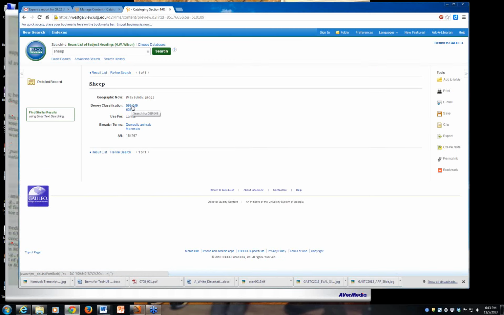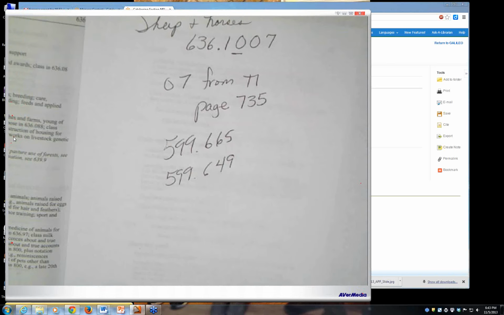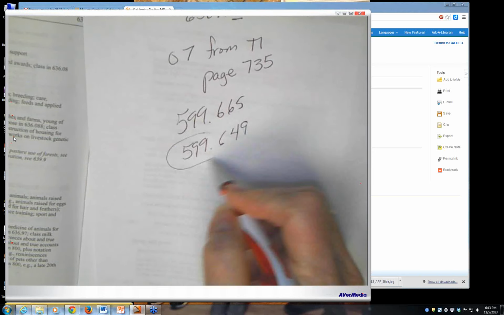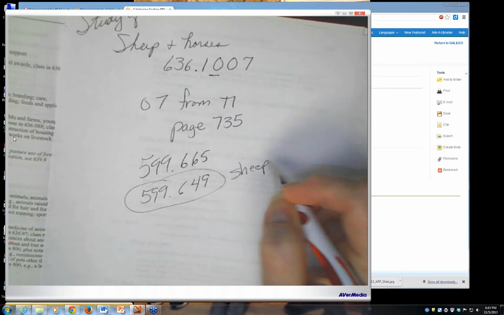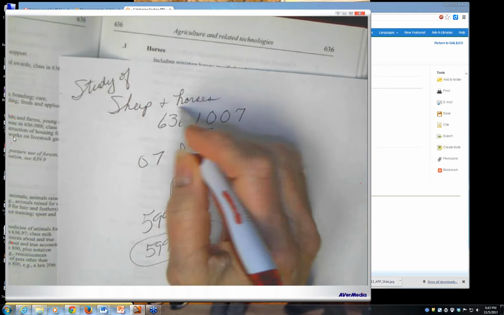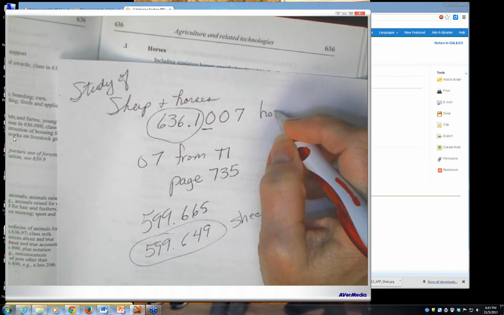So if we went with this number instead of the 600s number, the sheep number comes first. So we would go with 599.649, which is the sheep number. But up here, this one is the horse number.